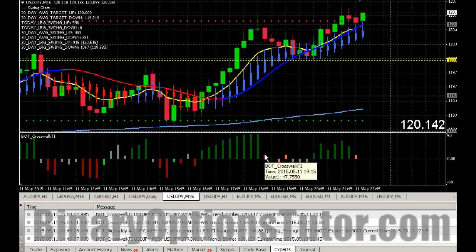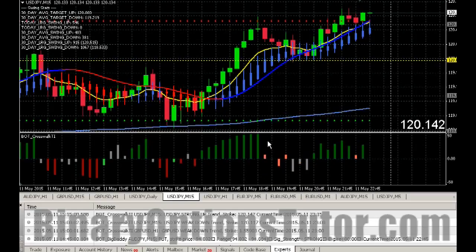You get to see these weak. This is the first sign right here. It's oscillating above the zero line, but yet we're seeing the first sign of weakness. Now this is an indication of a possible reversal.